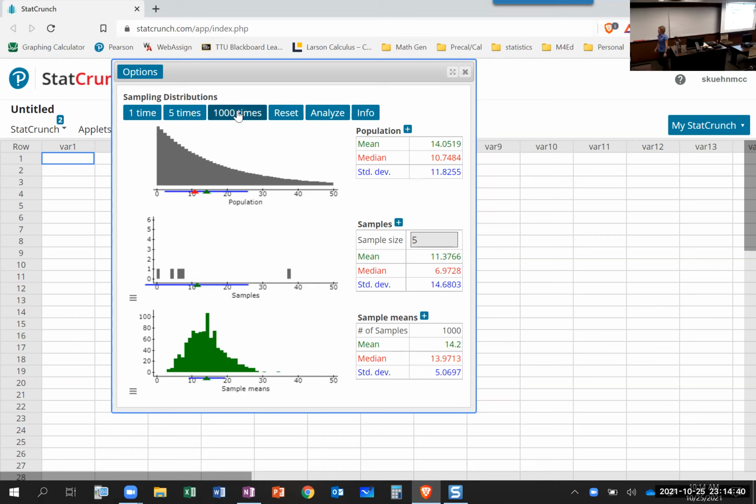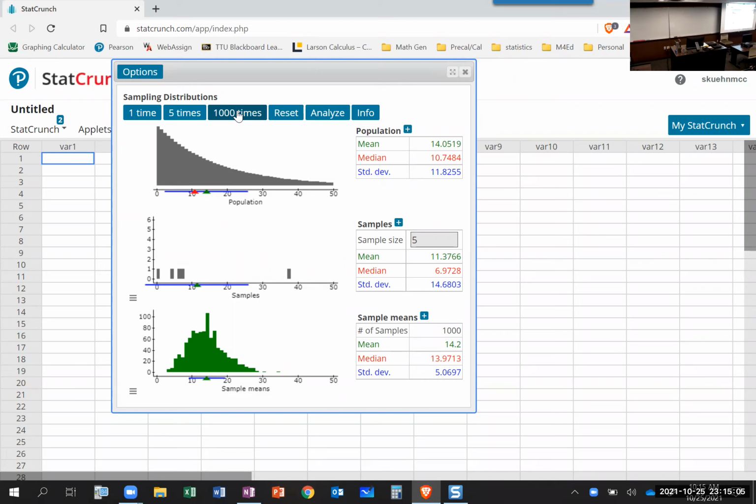Notice that I'm just making this up, I don't know what type of skewed data we're looking at. Let's say it's housing prices or something, that's usually skewed, right? And I go out and I sample 5, so I'm only looking at 5 things in my sampling, and I repeat this process 1,000 times.